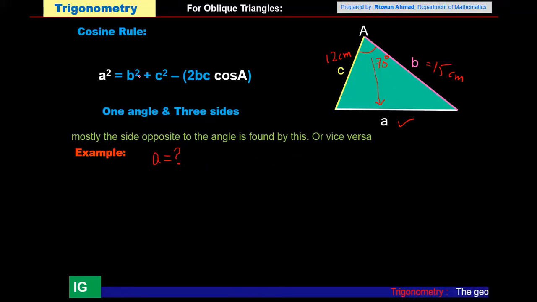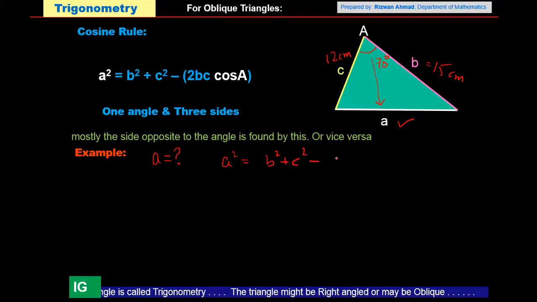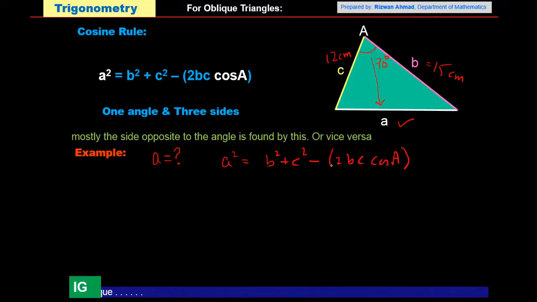So here, substituting the values in this equation, which is A square is equal to B square plus C square minus 2BC cosine of A. Remember that this quantity is a single quantity, this one. First we will multiply them and then we will subtract it from B square plus C square.